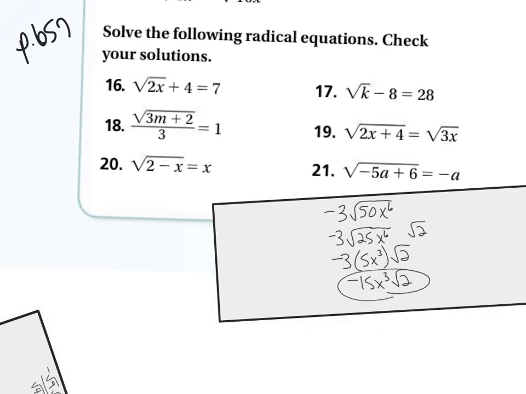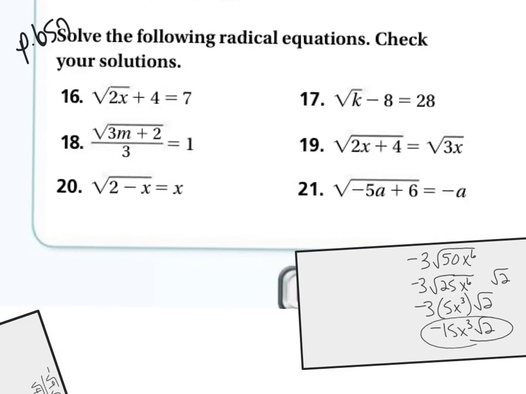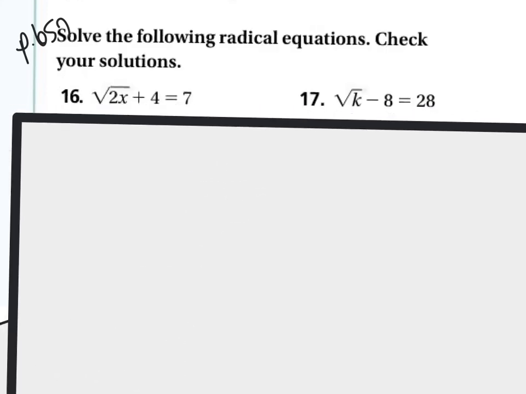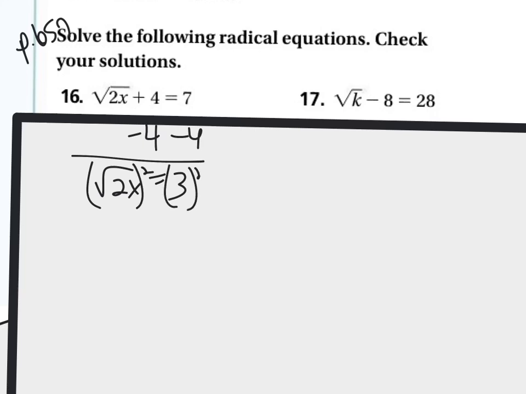The next part, they're wanting us to solve these equations, check our solutions. On 16, we need to first isolate the radical, so subtract 4 on both sides, and then square both sides. Divide by 2, and then you can just leave it like this.